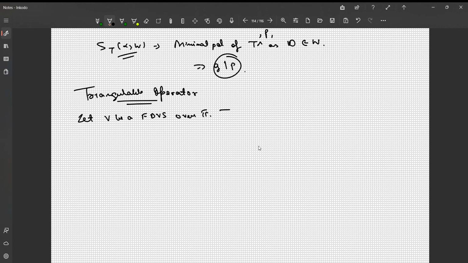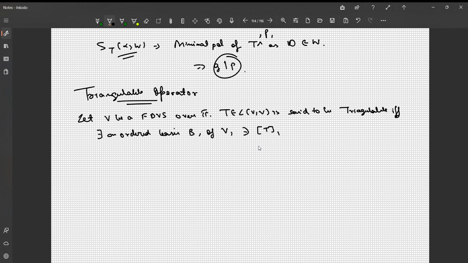So, let V be a finite dimensional vector space over a field F. Then T, the linear operator, is said to be triangulable if and only if there exists an ordered basis B of V such that the matrix representation of T with respect to B is a triangular matrix.